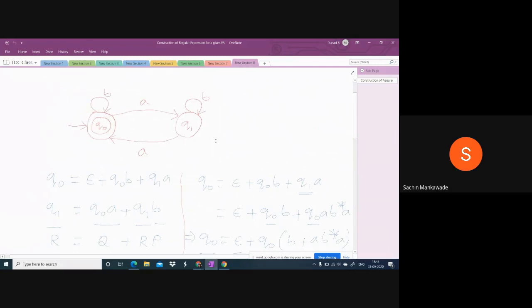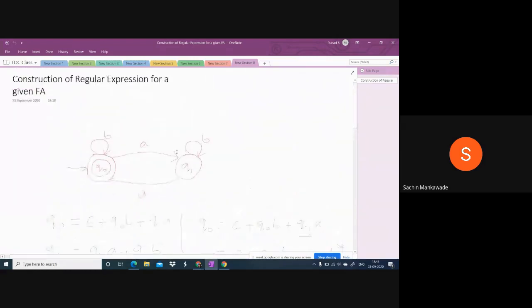Now, till now we have done from diagram to expression. Now we do the reverse, that is, expression to diagram. What we did was construction of a regular expression for a given finite automaton. Now we do the reverse: construction of a transition diagram for a given regular expression. That is the next part.